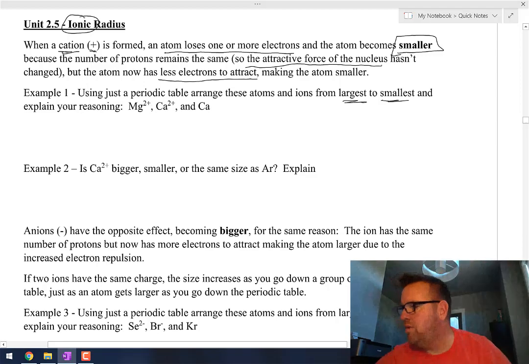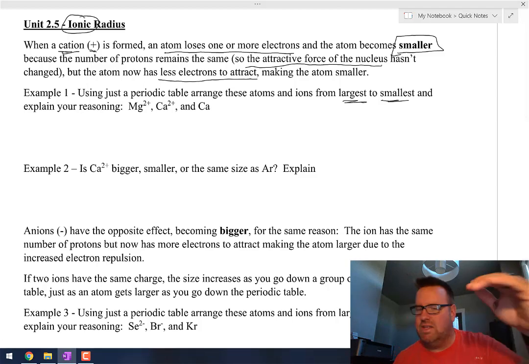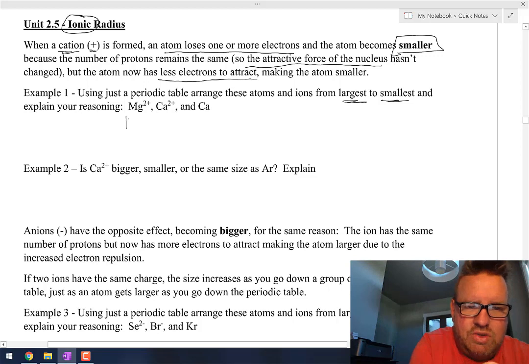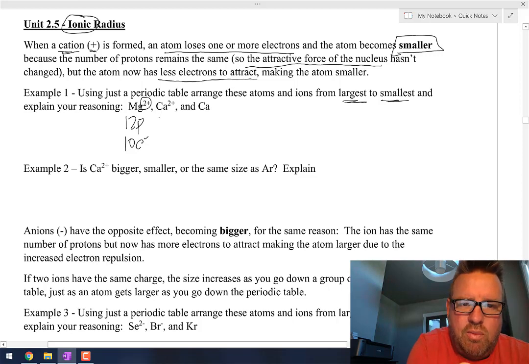Magnesium only has 12 protons, and in this case 12 protons and 10 electrons, because remember, it lost 2. Calcium 2+ has 20 protons and 18 electrons, and calcium has 20 protons and 20 electrons.